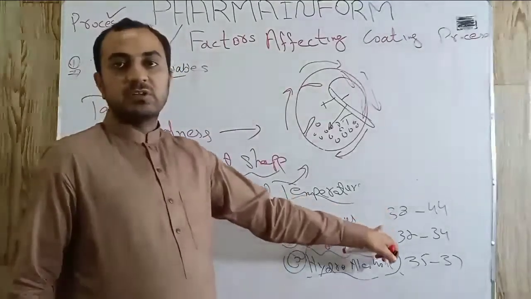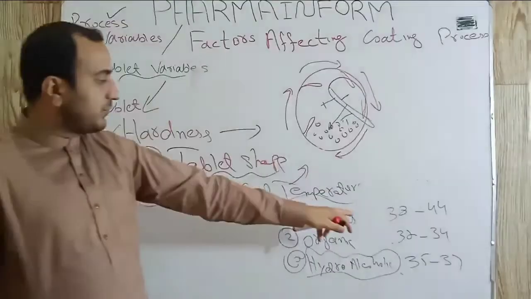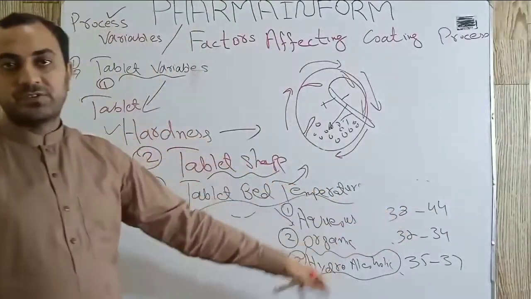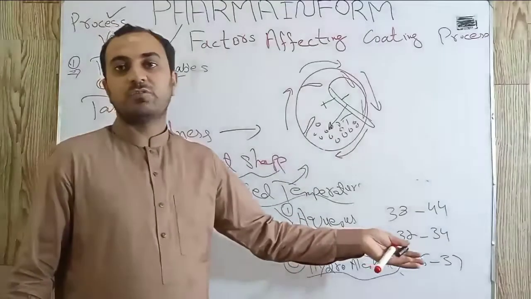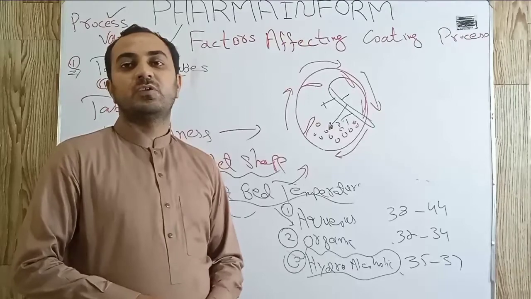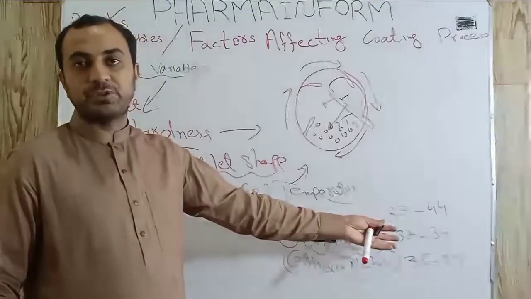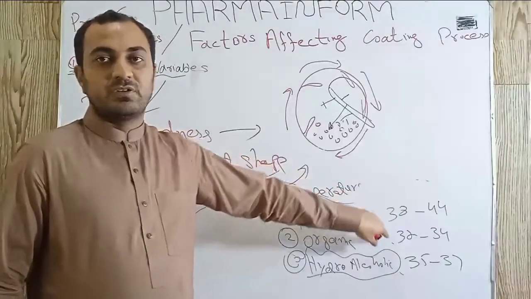We gradually adjust it depending upon our spray rate, and we fix it between 38 to 34. It is the best range for aqueous coating. It may vary according to the formulation or some products, but for a layman who does not even know how to adjust the coating bed temperature for aqueous coating, it is a range which will give good results.